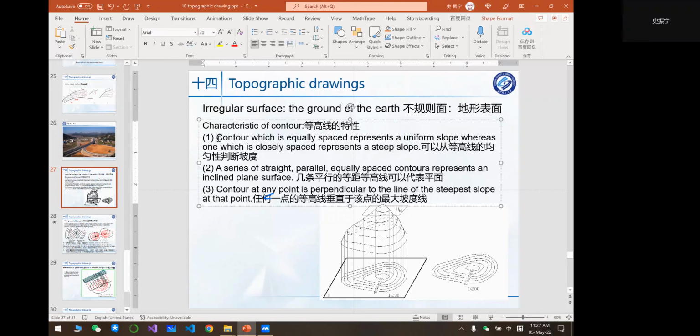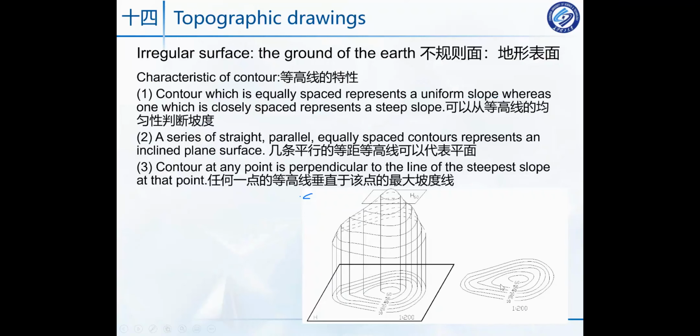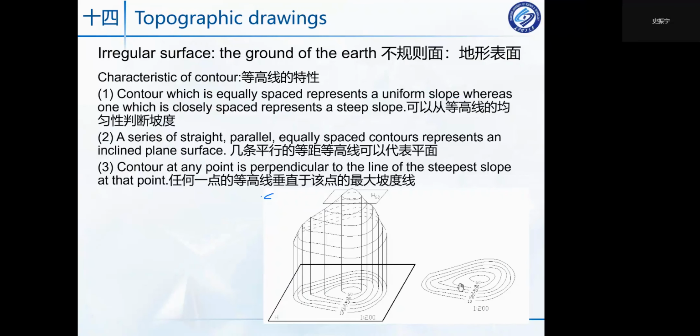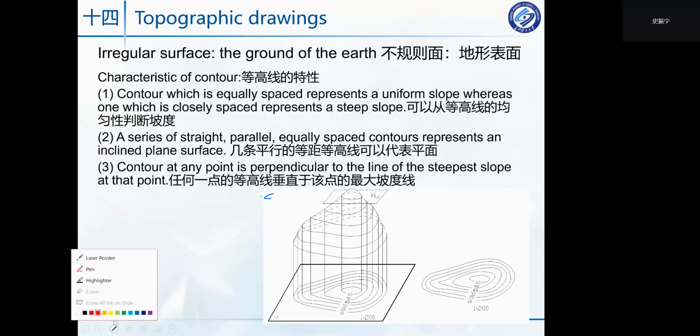For this one, where the contour lines are equally spaced, it represents a uniform slope, whereas where they are closely spaced it represents a steep slope. For example, as for this one, I draw two lines.